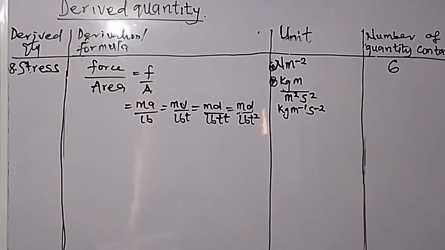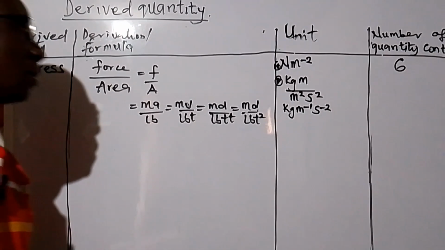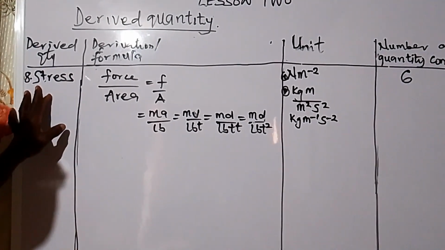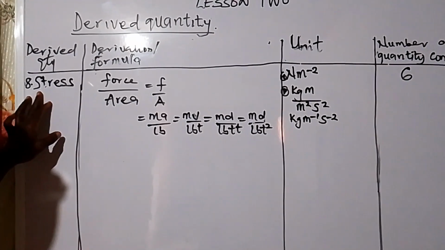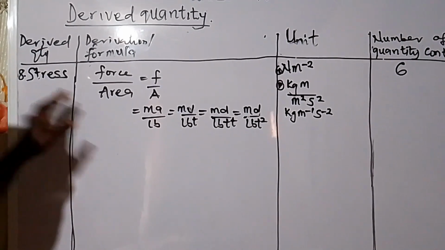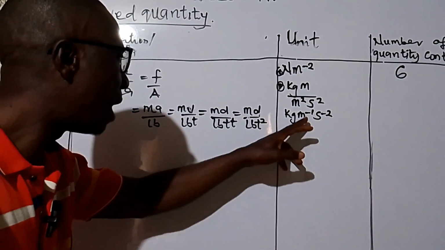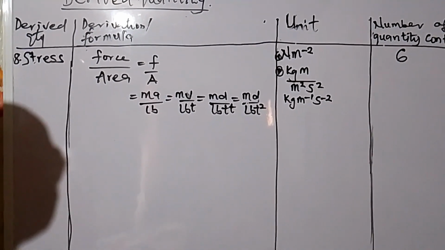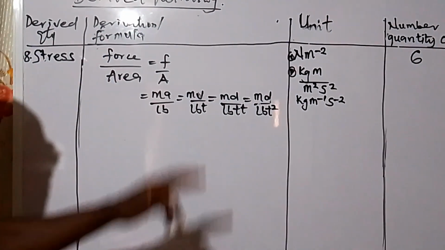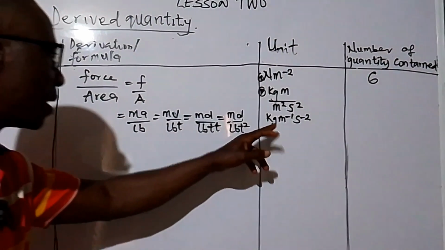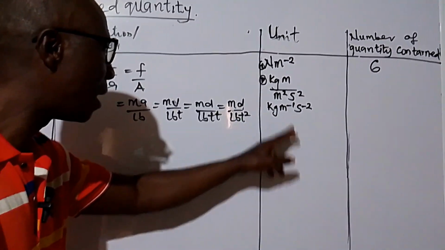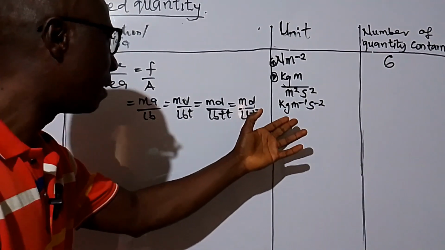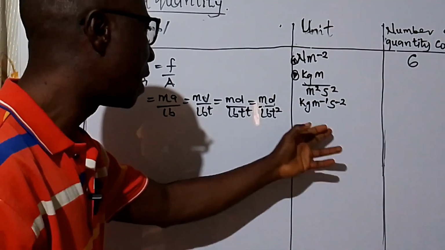Don't forget, as I said in the last lesson, if the question asks you to write the unit of stress from the basic quantities, it will be kilogram per meter per second squared. The basic quantities here are kilogram, meter, and second.